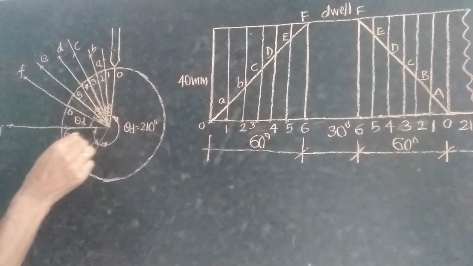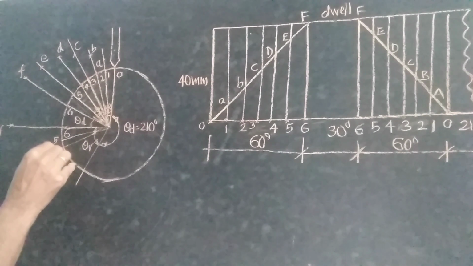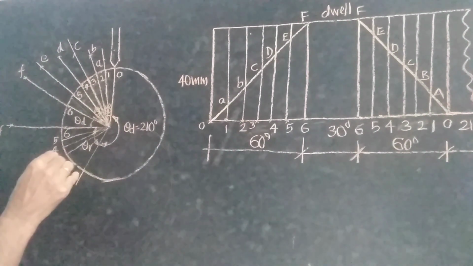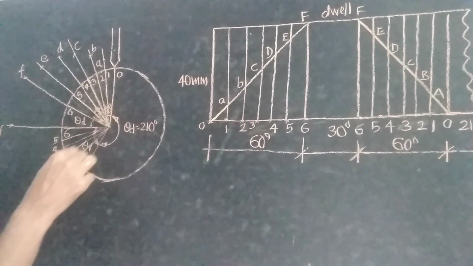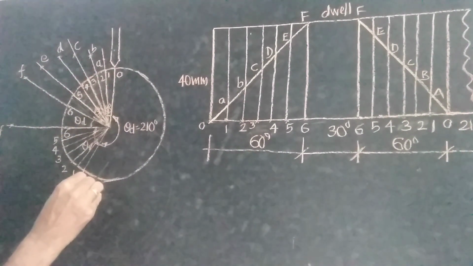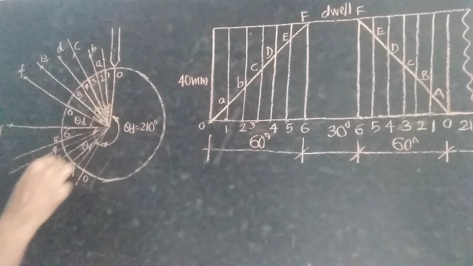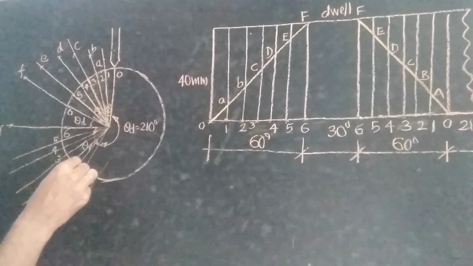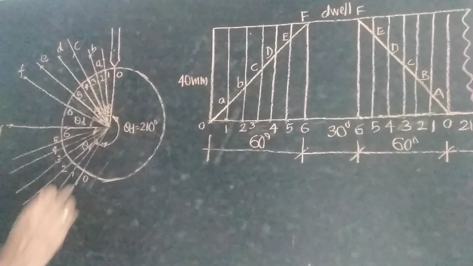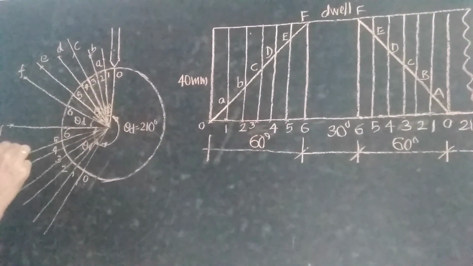Then this point will become 5, then 4, then 3, 2, 1, and finally 0. Similarly, we can transfer that distance here also. This 5e, we can transfer here.